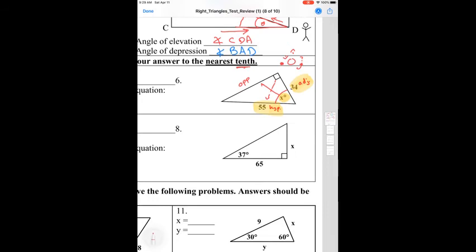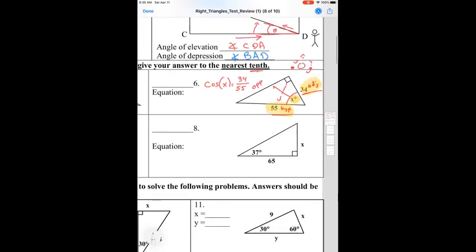So the first thing I'm going to do is write my equation. What trig function has both adjacent and hypotenuse in it? That's going to be cosine. So cosine of my angle of reference, which was x, is going to equal the adjacent side, or 34, over the hypotenuse, which is 55. Now because x is inside my function, I'm going to have to use trig inverse.